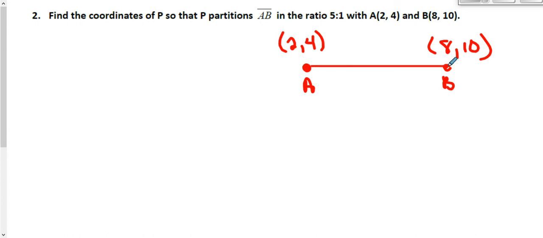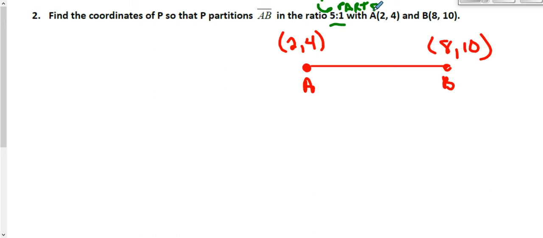Here. So there's my segment, A to B. All right. Now that I have A to B, and I know that A is 2, 4, and B is 8, 10, I know that I have to split this into pieces according to this ratio, 5 to 1. So I need 5 parts to the left of my partition and 1 part to the right. So altogether, I know I need 6 parts.